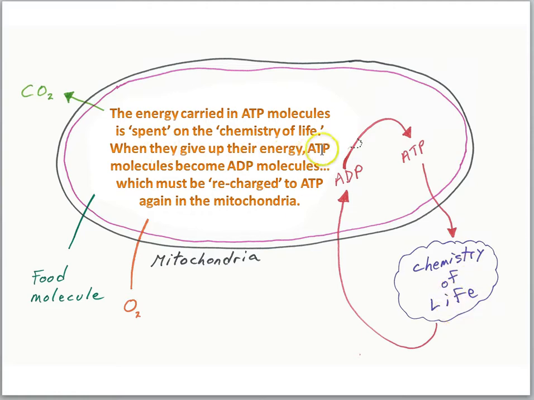When they give up their energy, ATP molecules become ADP molecules, which must be recharged to ATP again in the mitochondria. So ATP molecules give up their energy to power the chemistry, and then the resulting ADP molecules must come back into the mitochondria to be recharged with energy so that the cycle continues.